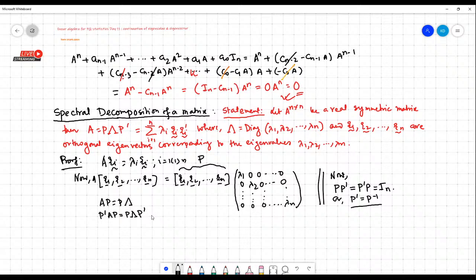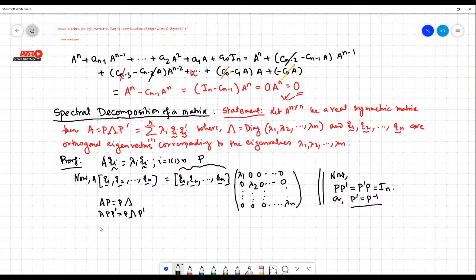So, post-multiplying by P' on both sides we get this.